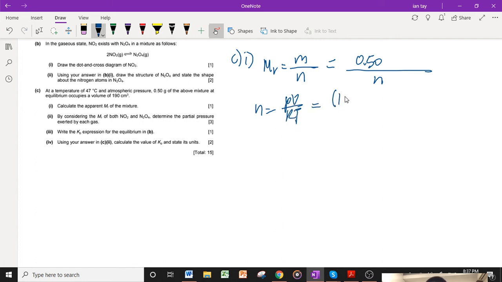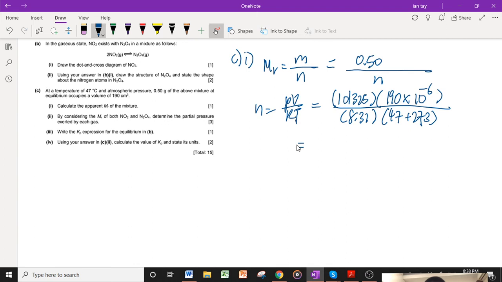So atmospheric pressure is 101,325 pascals, and volume is 190 cm cube, so convert cm cube to meter cube by times 10 to the power of -6, and then divide by the ideal gas constant 8.31 and the temperature of 47 plus 273 Kelvin.